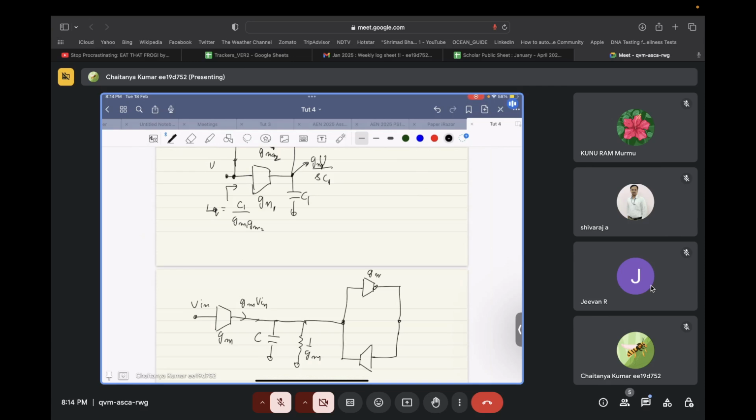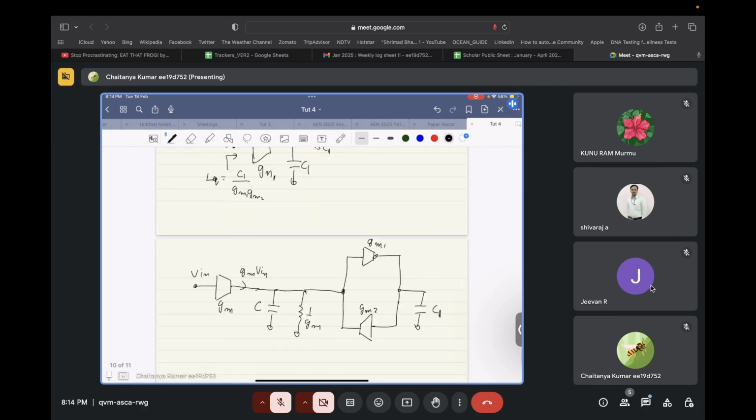So this is GM1, GM2, and this is C1. Okay, so now see, all these are made of only transconductors, capacitors, and one resistor. So again, this is also something that can be built on an integrated circuit without actually the use of an inductor.